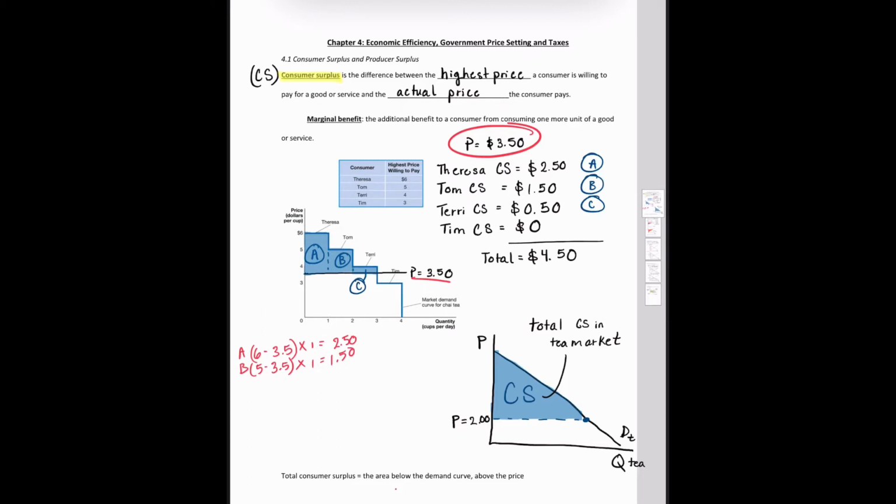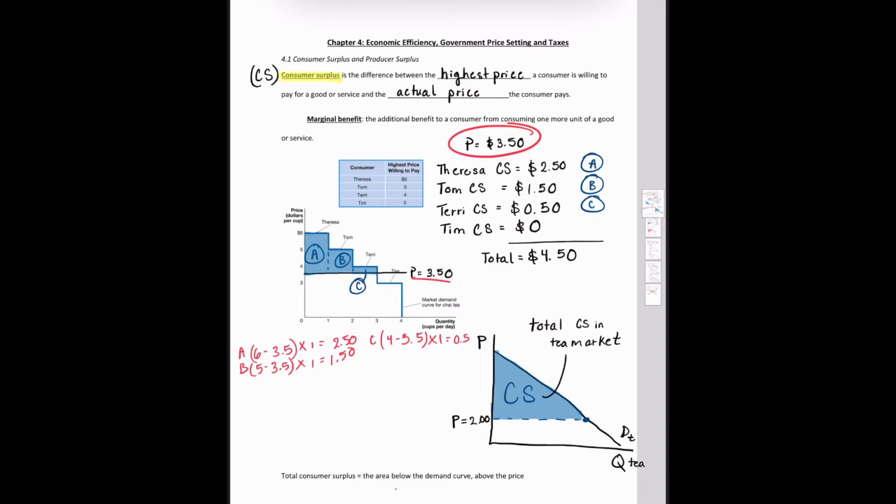For area C, which is Terry's consumer surplus, that would be $4 minus 3.50 times 1 cup of tea, which equals 50 cents. Okay? So in order to calculate the entire net benefit, we would sum up the areas of A, B, and C, and that would represent the consumer surplus in the entire chai tea market.